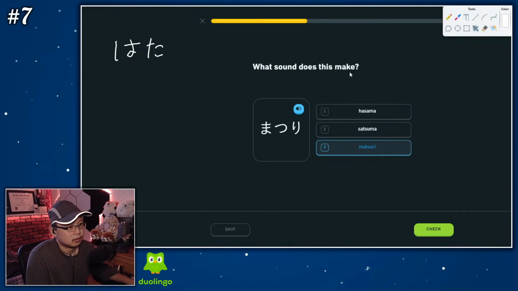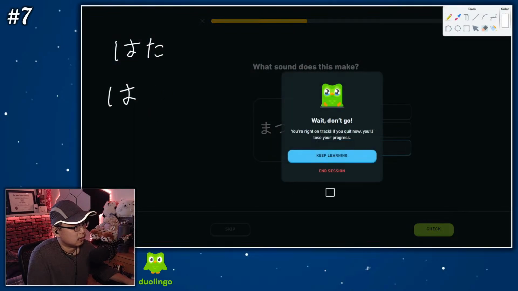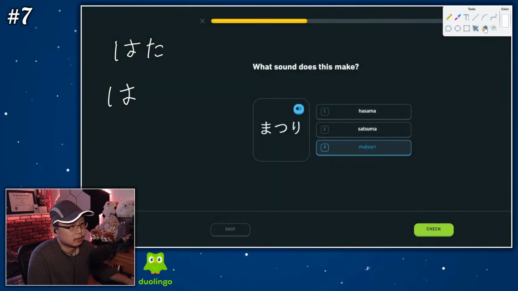But before we do that, let's try this one. Asama. Okay, hold up. Oh my gosh. Okay.